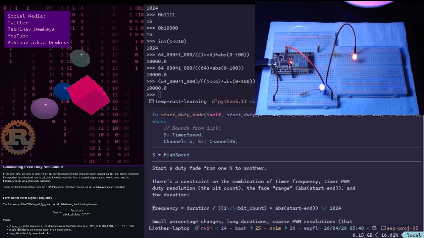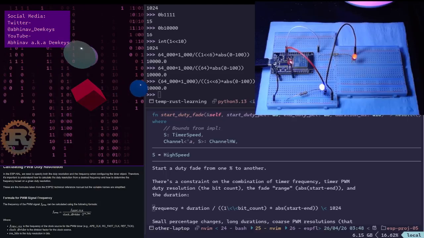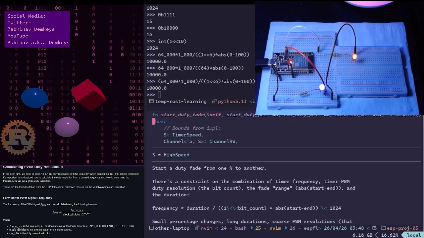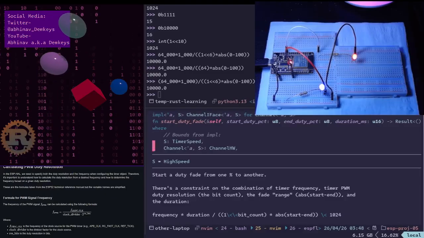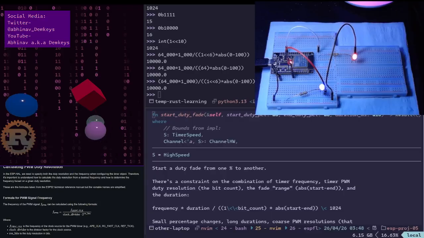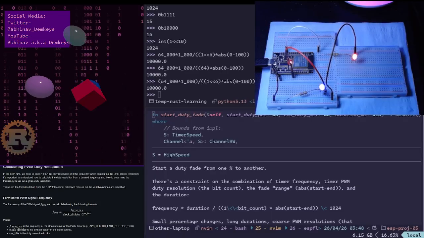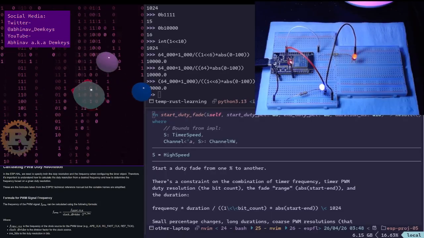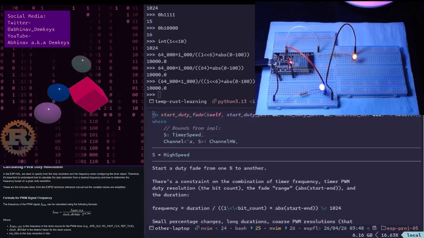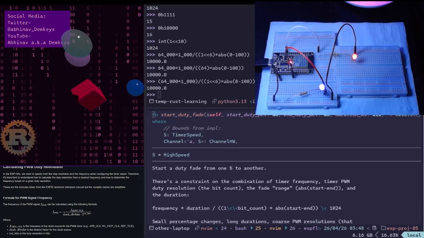I feel like I need to copy this. Give me a second. I hope this yanks it properly.